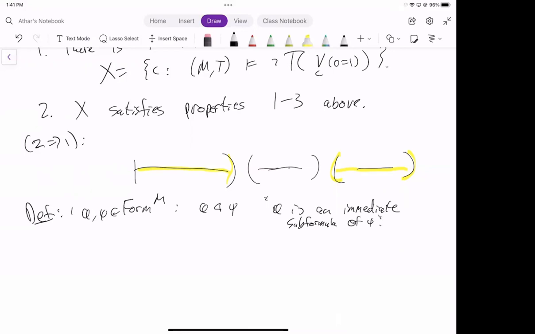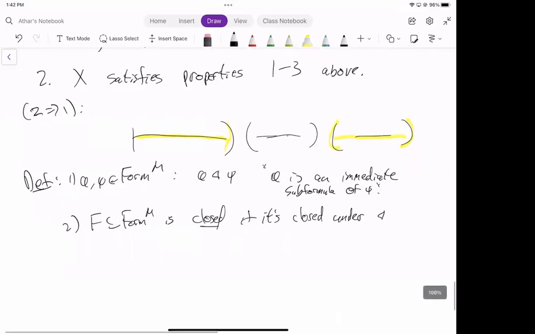Okay. I say that a set of formulas F is closed if it's closed under this relation.